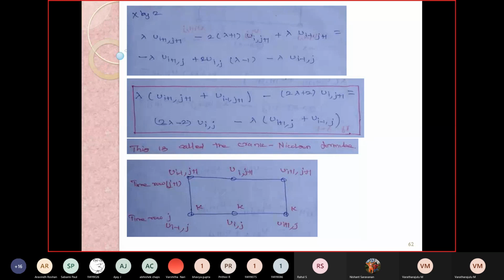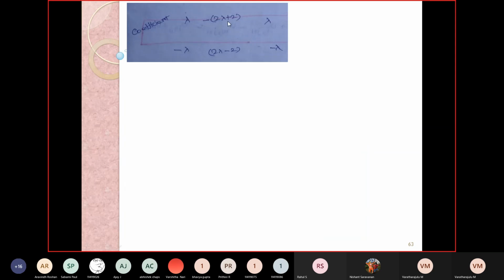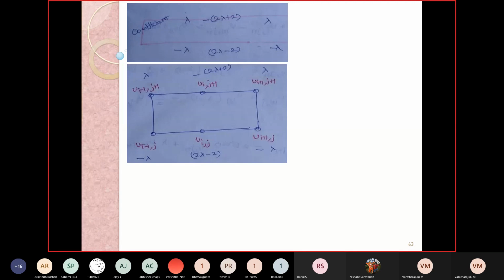With each point we have some coefficient. See the coefficients: lambda, minus of 2 lambda plus 2, and lambda on top; and here minus lambda, 2 lambda minus 2, and minus lambda. Therefore we need to remember the graphical representation with the coefficients.